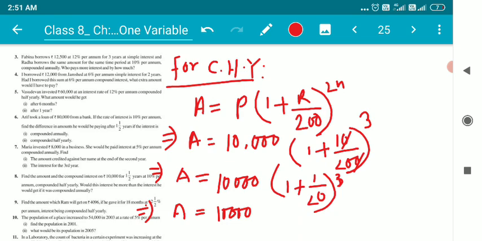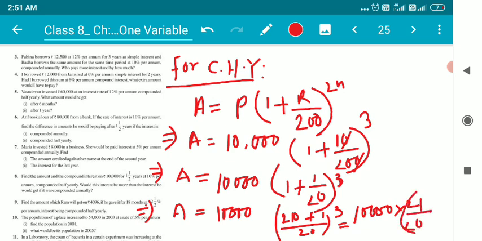If I calculate this, the LCM is 20, and 1 into 20 plus 1 is 21 divided by 20, whole to the power 3. So here we will get again 10,000 into 21 by 20, whole to the power 3.